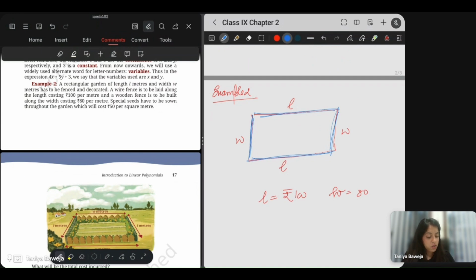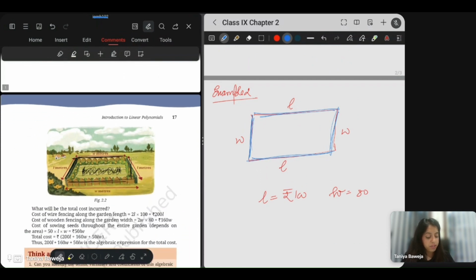When we talk about sowing the seeds, they will be sown in the area. So, in the area of the rectangular garden, you would sow the seeds, which are 50 rupees per square meter. But when we are talking about the fencing part, it has to be done here. Okay, so we have to find both area and perimeter.